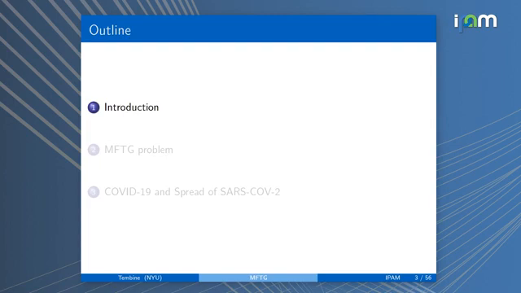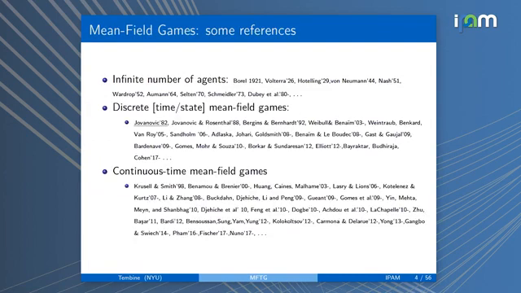I don't need to recall now what mean field games are. This slide is probably less useful now, but for those who are beginners and joining us for the first time, you might grab some references there and enrich your literature.